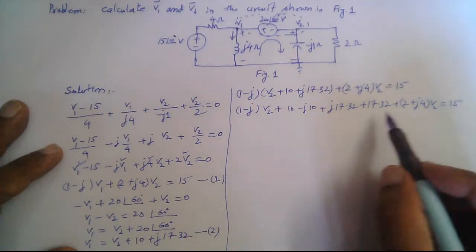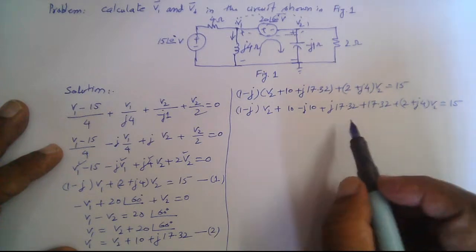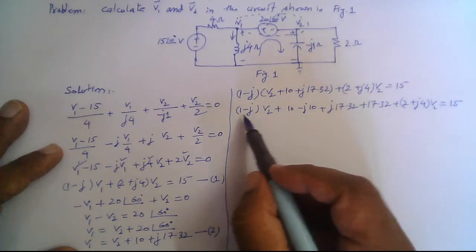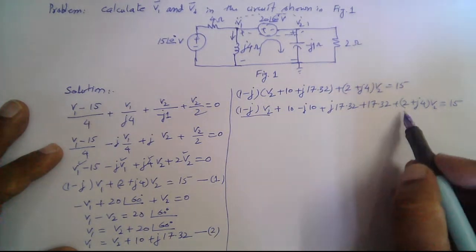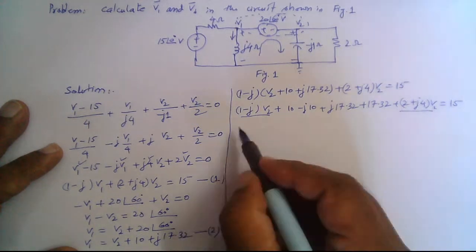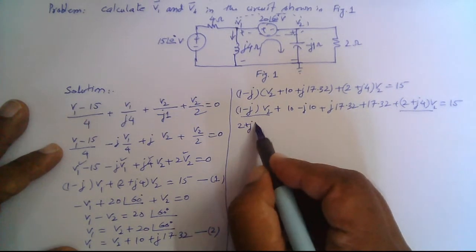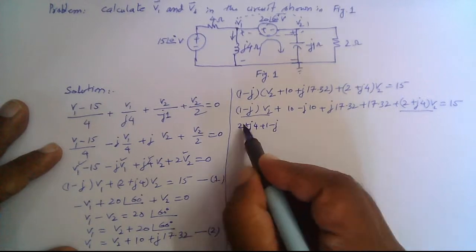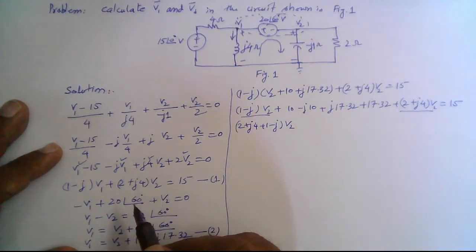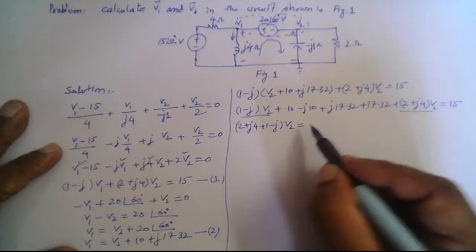So let's gather the terms containing v2. So the term here, it contains v2, this term and this term, right? So that is (2 plus j4 plus 1 minus j) v2, right? And then on the right side we take the constant terms.